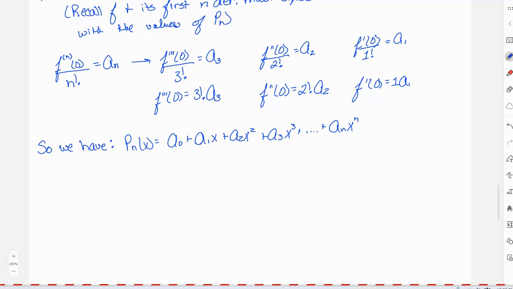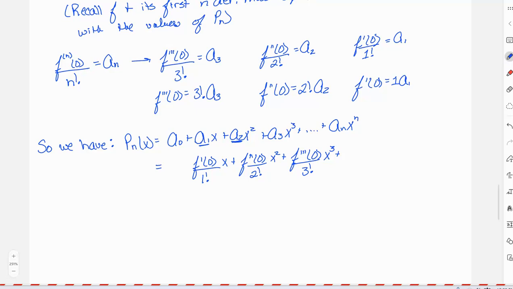Now let's make our substitutions. So A1 would be equal to f prime of 0 over 1 factorial times x. A2 would be equal to f double prime of 0 over 2 factorial times x squared. A3 would be f triple prime of 0 over 3 factorial times x cubed. And then a sub n is going to be f to the nth derivative of 0 over n factorial times x to the n.